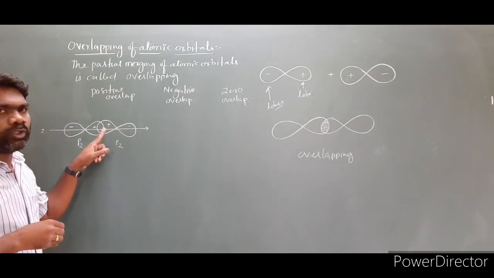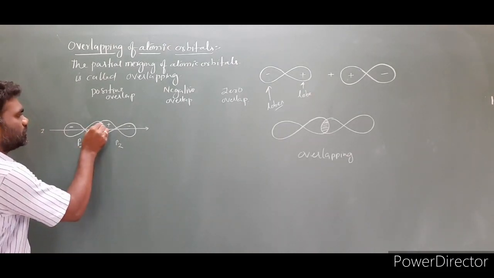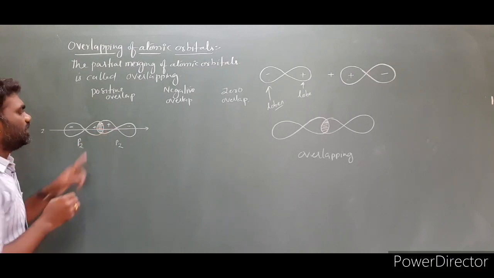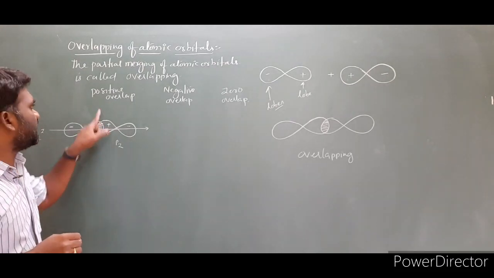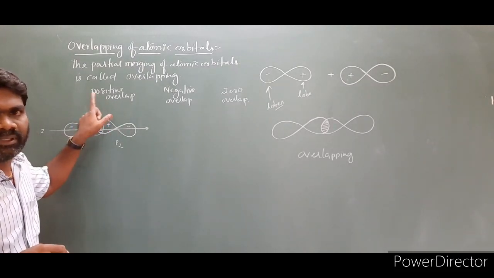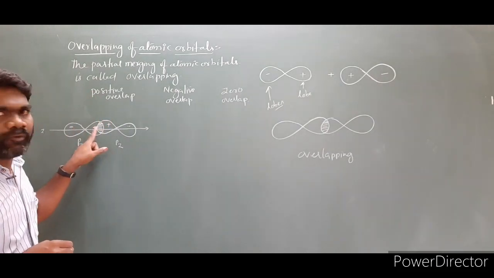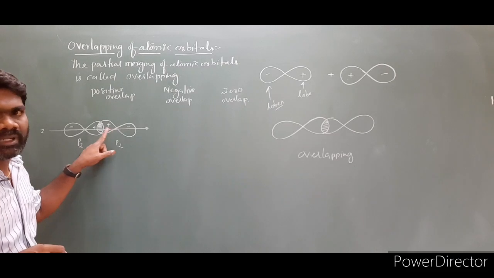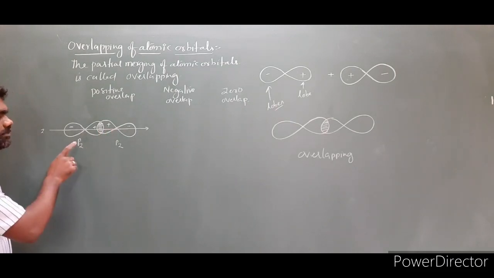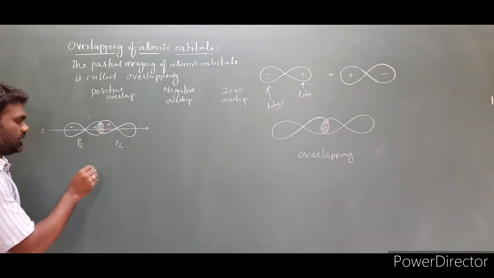Two positive lobes overlap in this region, so this overlapping is called positive overlapping. Positive overlapping means a positive lobe overlaps with a positive lobe. Then you can also take px orbitals.